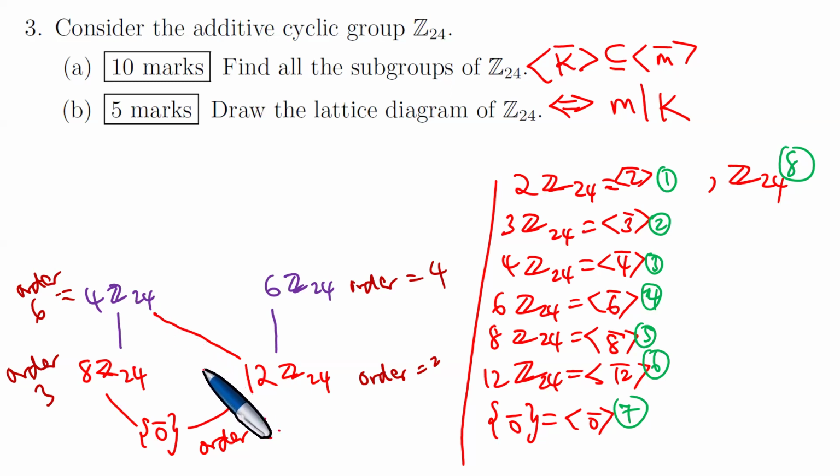Because 2 divides 6, we link them up. 2 divides 4. 3 divides 6. But also 1 divides 3 and 1 divides 2. But 2 divides 6, and also 2 divides 4. 3 divides 6. But obviously 3 does not divide 4, and 4 does not divide 2. I'm trying to finish, please. I can see the time.